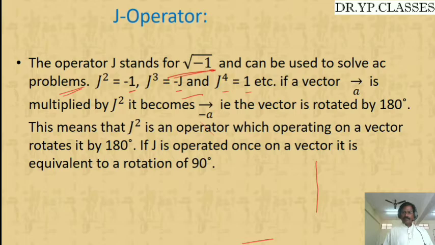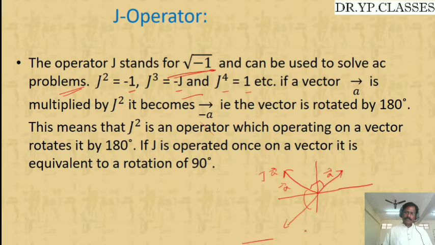If I take a vector A here, and it is operated by J square, it will be a 180 degree operation. J means 90 degree operation. So it will be here, this is A rotated by 90 degrees, operated by JA. If it is J square, again it will turn 90 degrees in this direction.